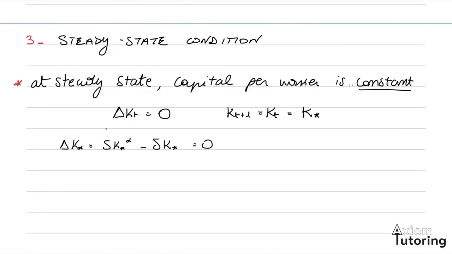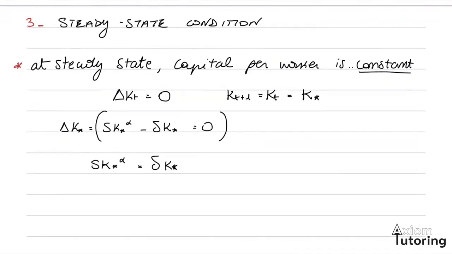So since we've got this equation, we are now going to bring delta k star to the other side by adding it, apologies, on both sides, so that we have that s k star to the power of alpha is equal to delta k star.